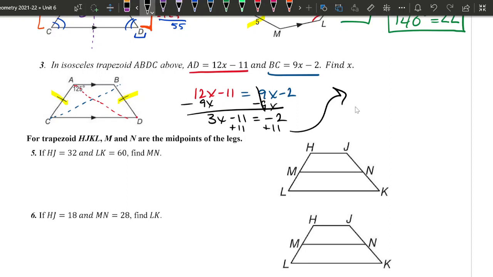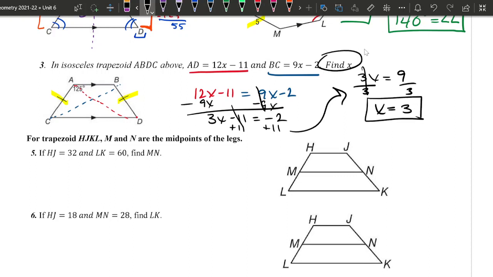Put it up here. So 3x equals 9. And then divide it by 3. And 9 divided by 3 is 3. So x equals 3. And that is what it said to solve for, so that's that.